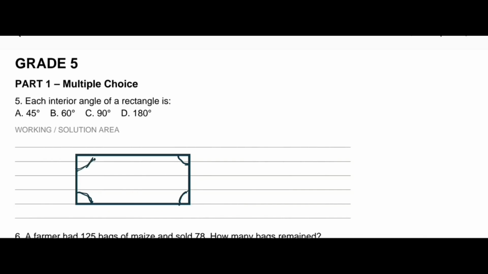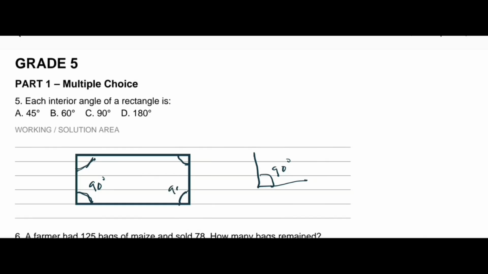Yes. Each of the angles here is a right angle. And yesterday we said a right angle is an angle which is equal to 90 degrees. So each of the interior angles of a rectangle is 90 degrees.